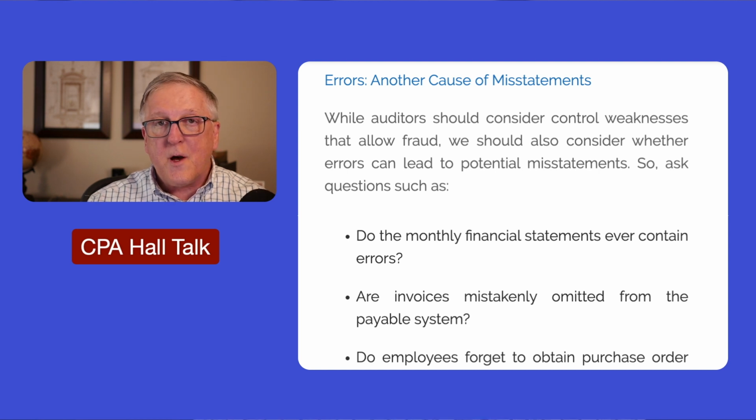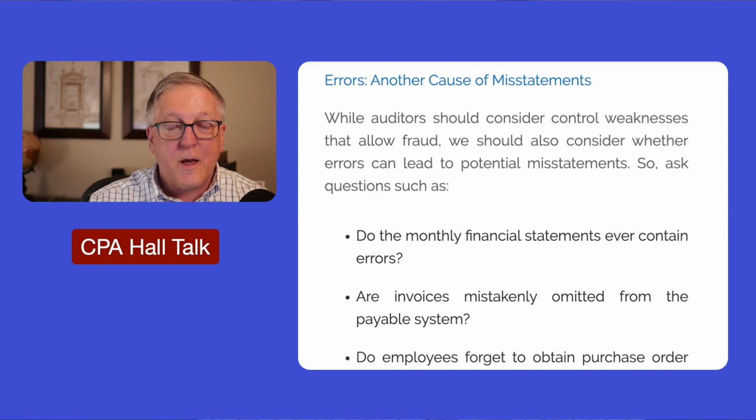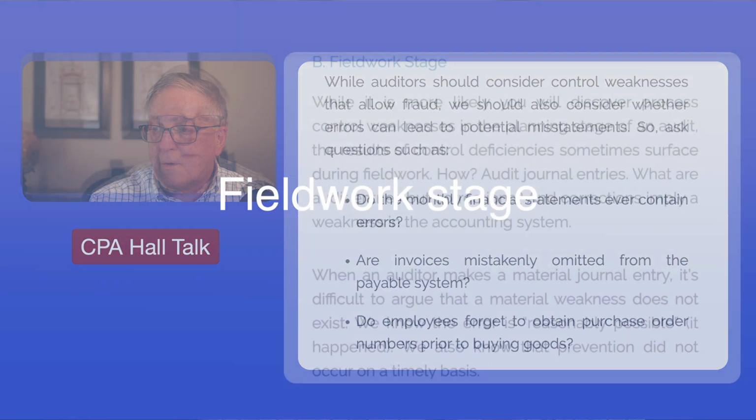So these are some of the ways that errors can occur, and if they can occur, then you've got a control deficiency. And again, if you have a control deficiency, we're going to capture that so that we can communicate that potential problem later on.